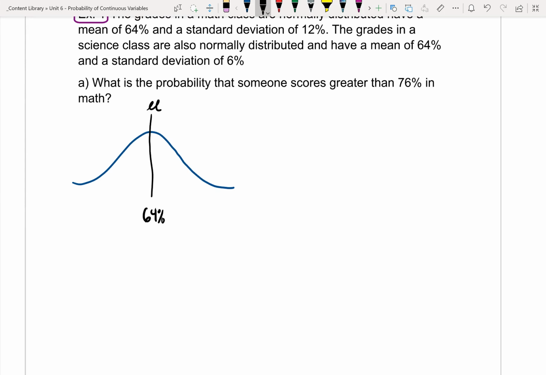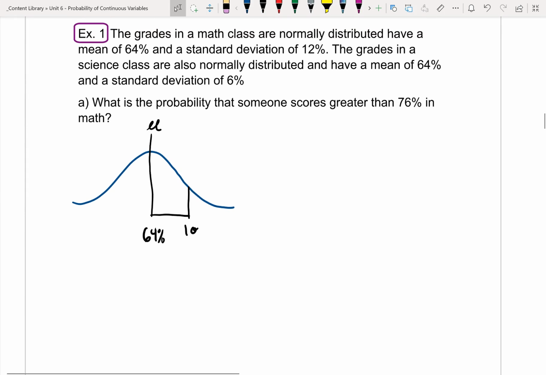And if I look within one standard deviation in either direction, so that's one standard deviation, or plus 6, or if I'm looking at math, plus 12%, so I am at 76%. And if I look at one standard deviation below, that's 64 minus 12, so I'm at 52%, or minus 1 standard deviation.